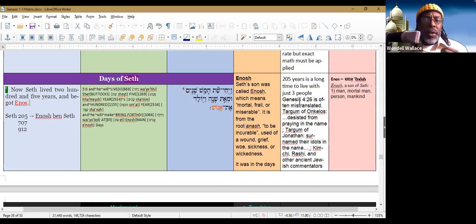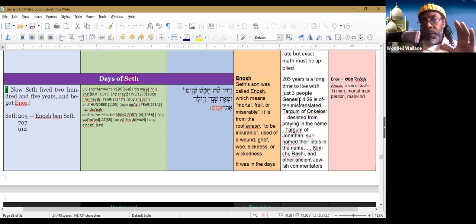Targum of Jonathan: surnamed their idols in the name. Basically, it's talking about Enosh. It says when he was born, men started to call on God, but actually, there's an argument about how that should be translated.